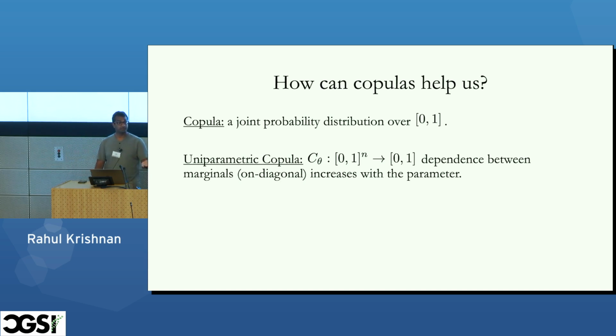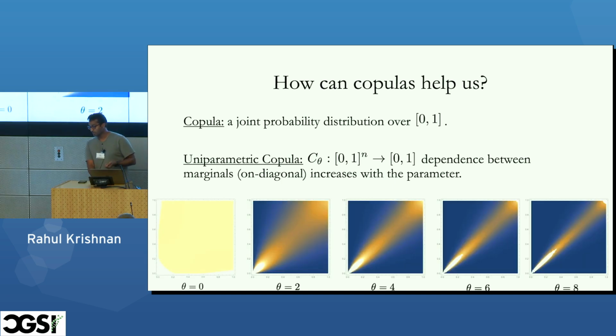And so a uniparametric copula, which is a parametric copula with a single parameter, might allow you to model the dependence between two marginal distributions as follows, where on the x and the y axis are the marginal distributions of two random variables, and as the parameter increases, it sharpens or loosens the dependence between these two random variables.